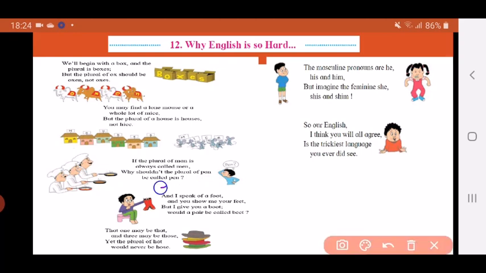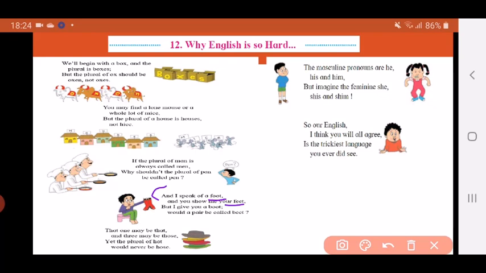The next reason he's saying, and I speak of a foot. One foot on your leg and you show me your feet. So foot means one. Both the foot together, the plural becomes feet.